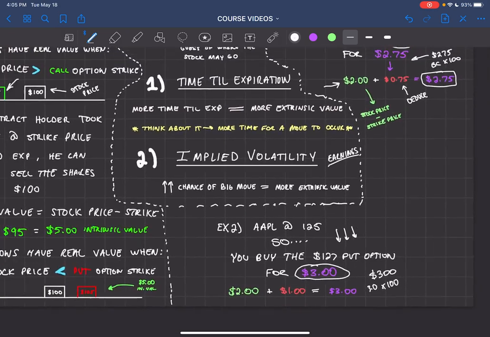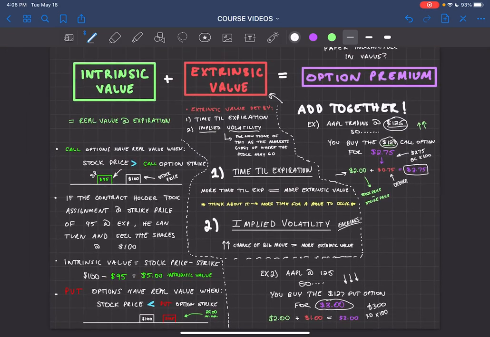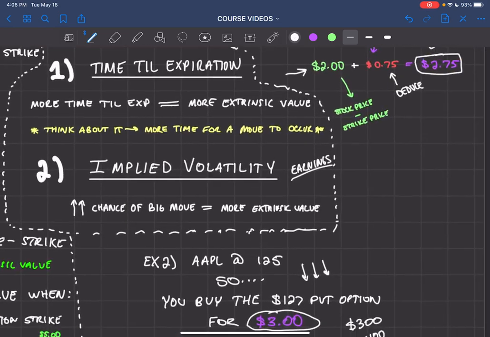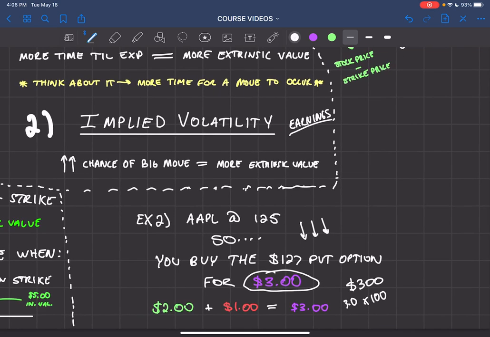Now, it works the same for the put option. We have intrinsic plus extrinsic. The difference between the stock price, which is in this case 125, and the strike price you chose on your put option, 127, is $2. So right here, there's your intrinsic value.